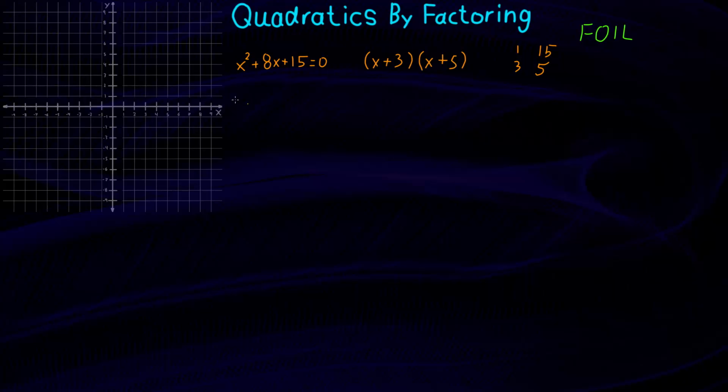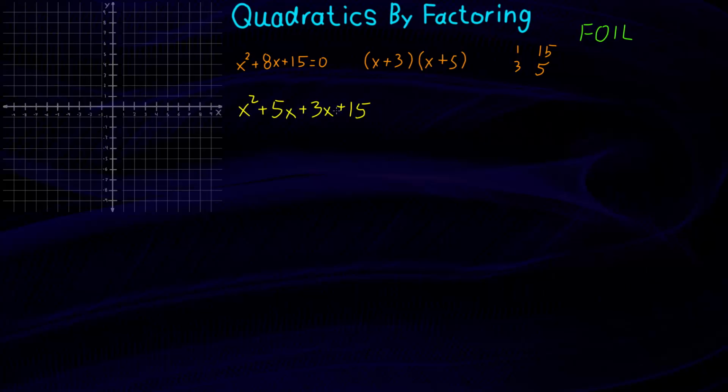First is x times x, that's x squared. And then we've got outside, that's 5x, and inside, that's 3x, and then last, 3 times 5, that's 15.